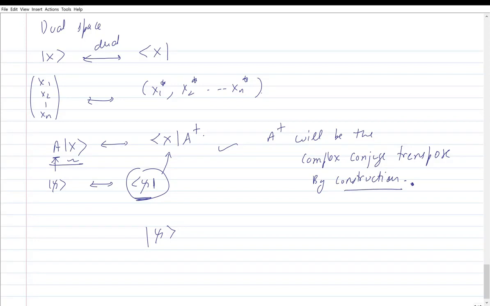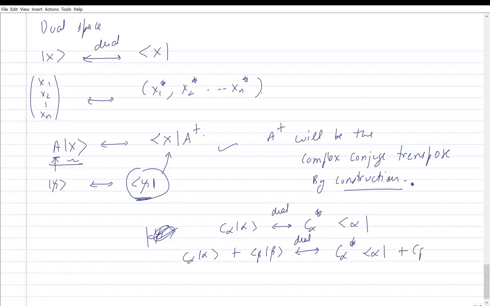So yeah, we've already seen what happens to the vectors. This is all dual space. The vectors over here are the column vectors, the vectors over here are the row vectors.